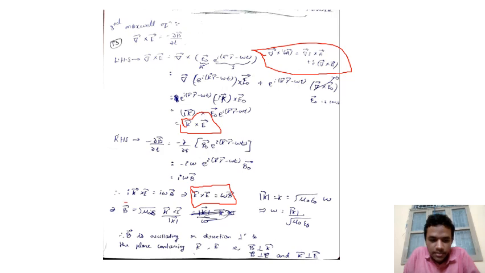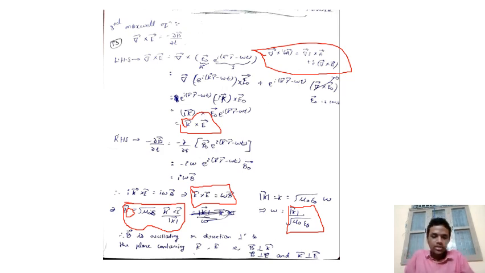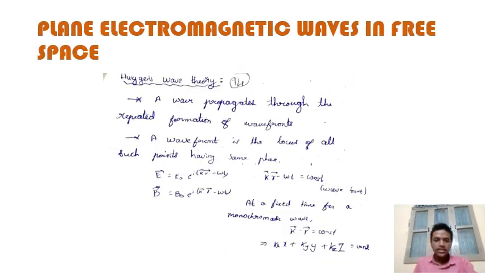This implies B̄ is equal to k̄ cross Ē by ω. ω can be written as k by root of μ₀ε₀. So from this relation, we see that B̄ is oscillating in a direction perpendicular to the plane containing the propagation constant and electric field vector.